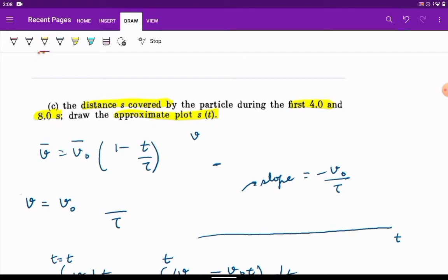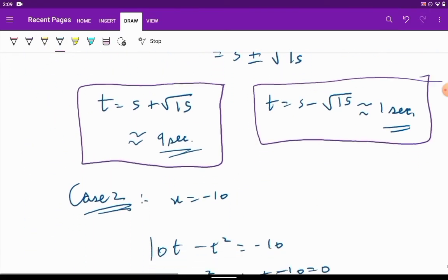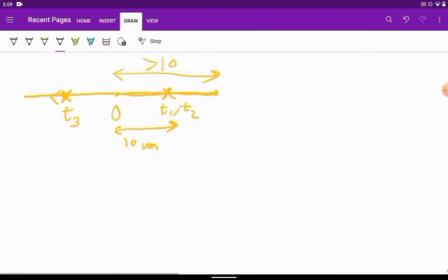Alright, now consider the third part. Distance covered by the particle during the first 4 and 8 seconds. Draw the approximate plot s versus t. If we can just find the equation for s of t, that is sufficient. We can substitute the values of 4 and 8 in that. Generally s represents displacement, but here they are denoting s as the distance.